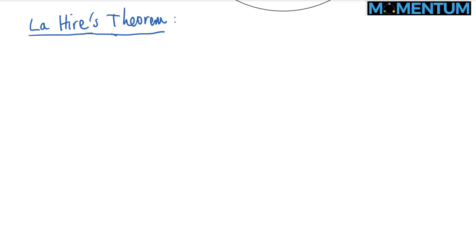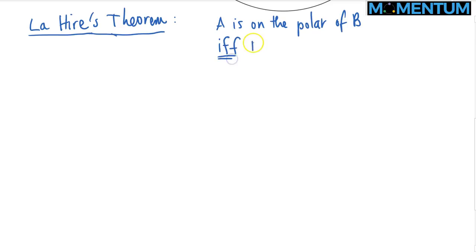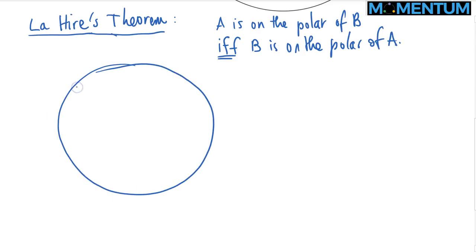It states the following: A is on the polar of B if and only if B is on the polar of A, polar lines. And let me quickly draw a picture and prove this important result, and then we can go further.